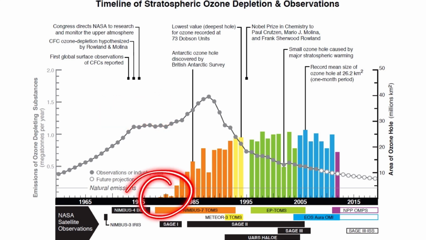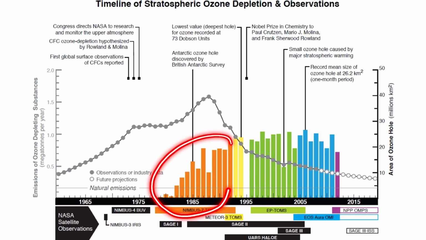So, here we are seeing that the observations have started, and the first instrument that was used was called the Total Ozone Mapping Spectrometer, or TOMS. So these are the readings of the first instrument, which is called Nimbus 7 TOMS or Total Ozone Mapper.